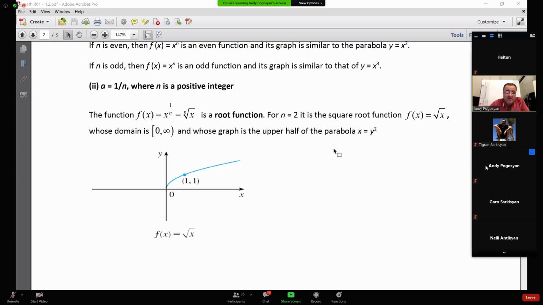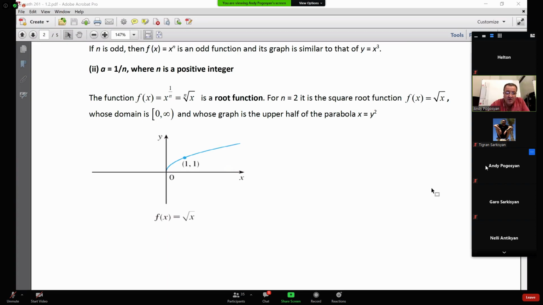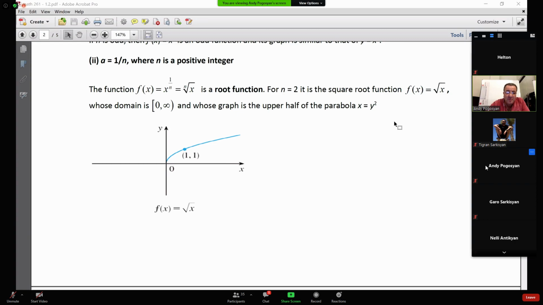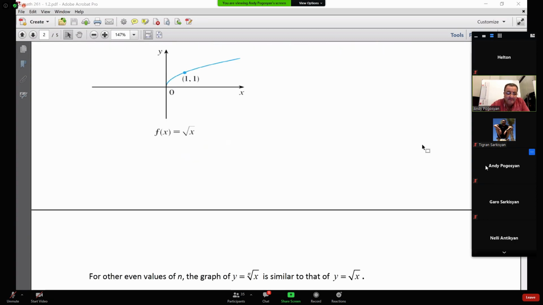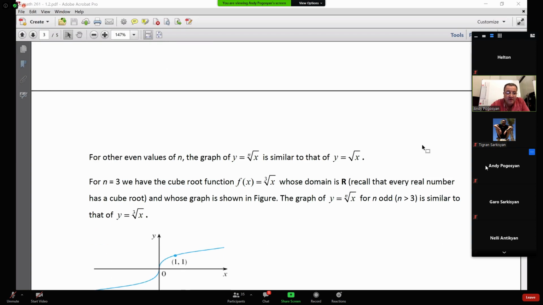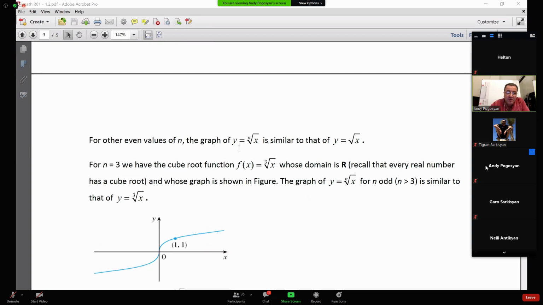We cannot have negative numbers, so the domain will be restricted from 0 to positive infinity. The graph of y equals square root of x is given here. It's the upper half of the parabola x equals y squared. For even values of n, the graph of y equals the nth root of x is similar to that of y equals square root of x.